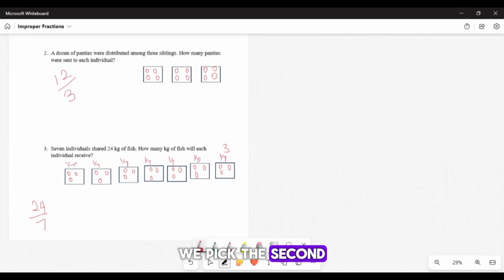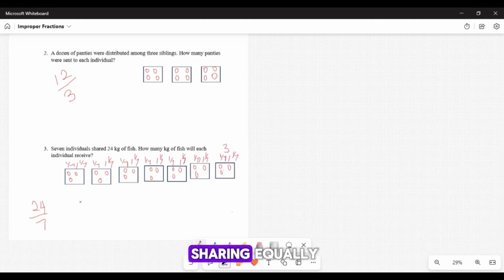We pick the second fish and do the same. We divide it into 7 equal parts and share, 1 out of 7 to each person. Then we are left with the third one. The third one too, we do the same because we are sharing equally.